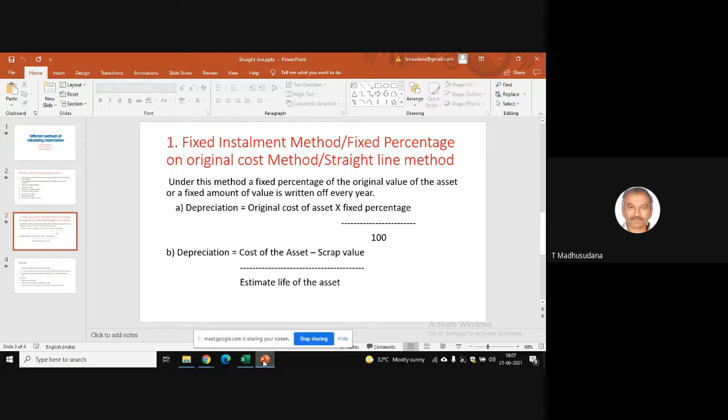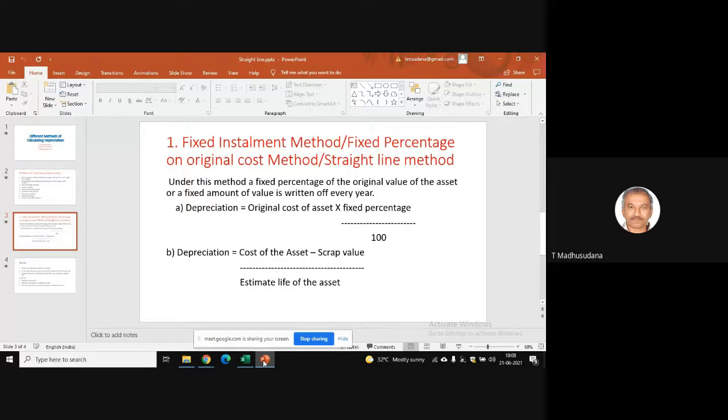Under fixed installment method, the annual depreciation on the asset will be fixed. This can be calculated in two ways in this method based on the information given in the problem. We have to apply any of these two formulas.